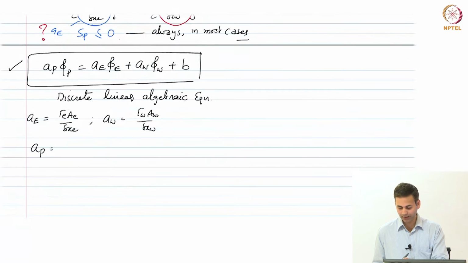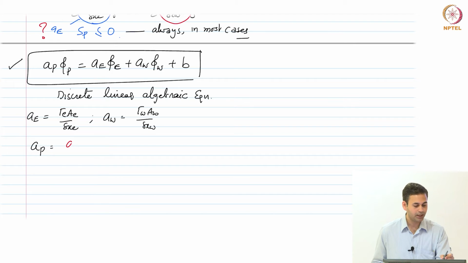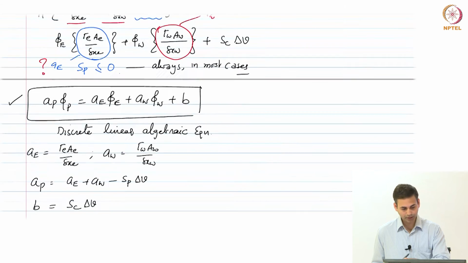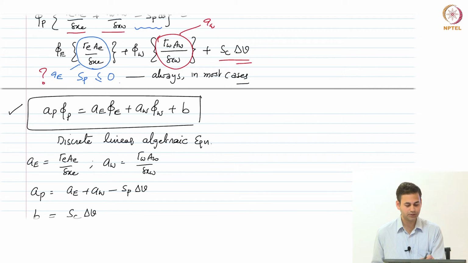So we can simply write this as aE plus aW minus Sp times delta v, that is our aP. Now what about b? b is Sc times delta v, right. That is the only term remaining here. This is only Sc times delta v, very good.